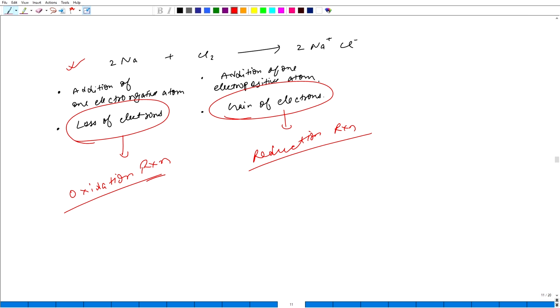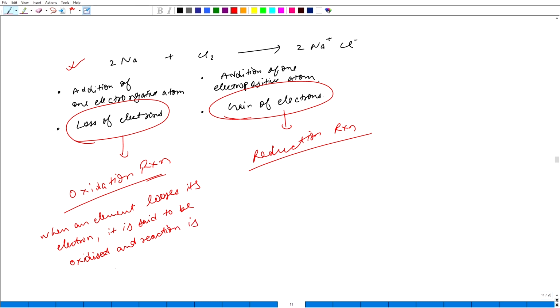So, I am saying oxidation reaction is loss of electrons, that means when an element loses its electron, it is said to be oxidized, and the reaction is called an oxidation reaction.